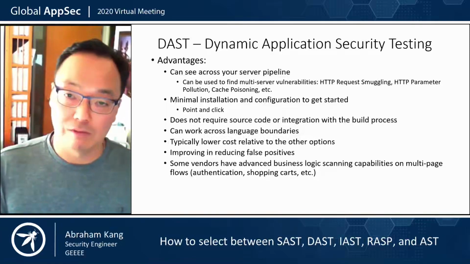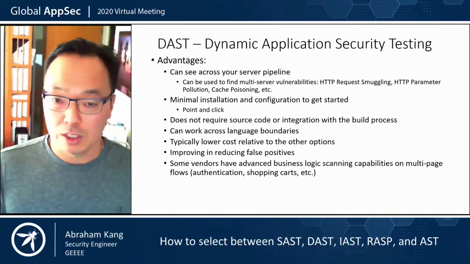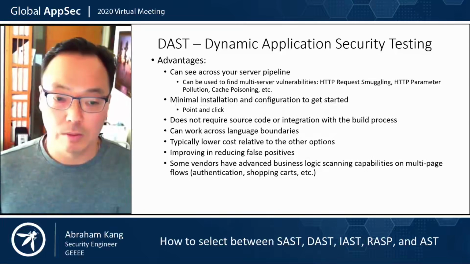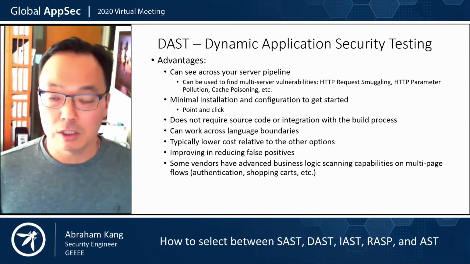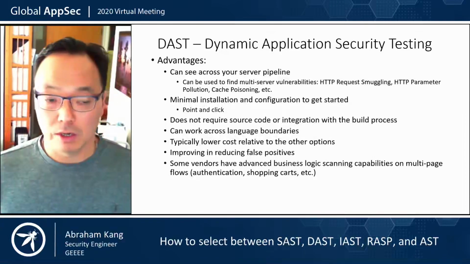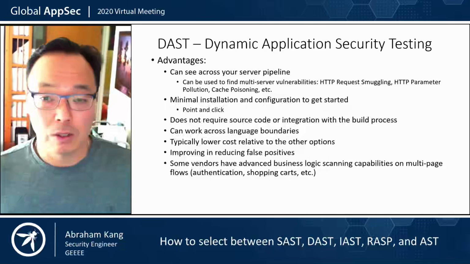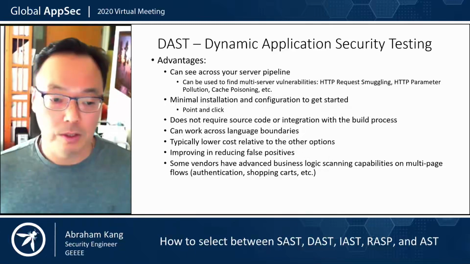The other advantage of DAST is minimal installation and configuration to get started. You basically install the software, point and click, you're ready to go. It doesn't require any type of source code integration. It's easier to get integrated into the build process. It can inherently work across language boundaries because it doesn't care. It's just passing in a payload.